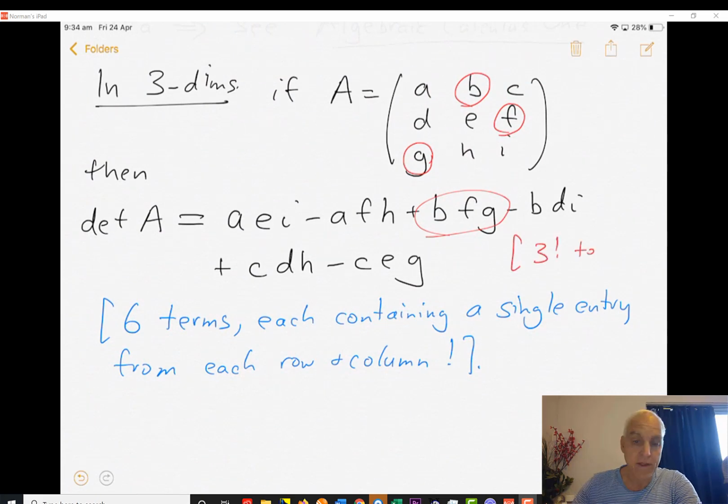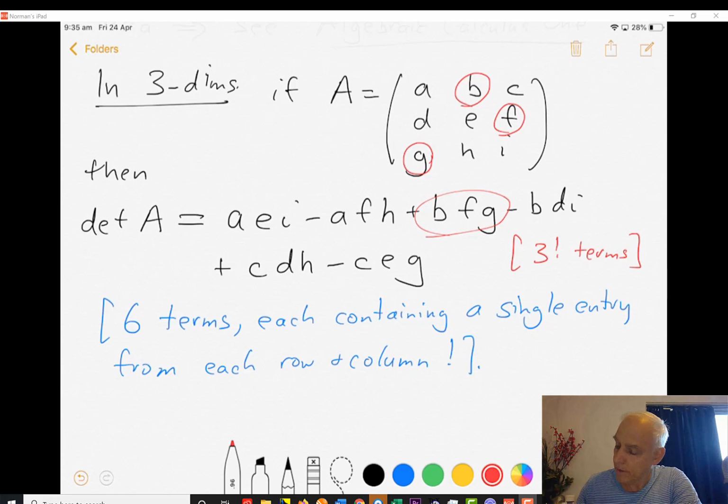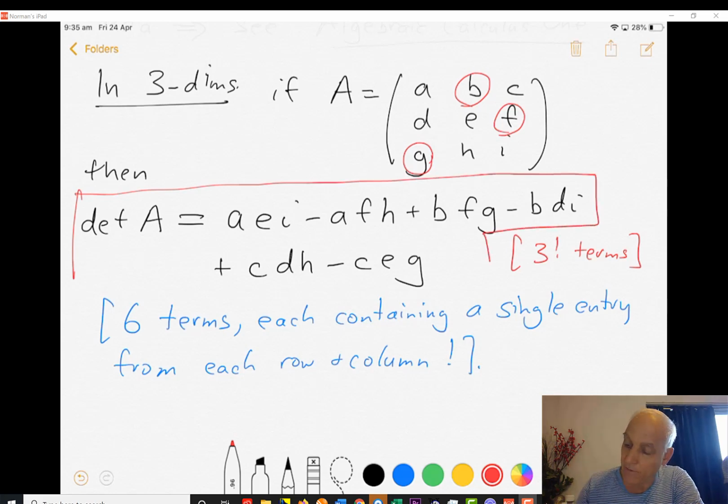These are the number of ways of choosing one element from each row and column of the matrix. And so this is quite an imposing formula. Let me put a box around it. It's a very imposing formula perhaps, but it's also quite elegant.